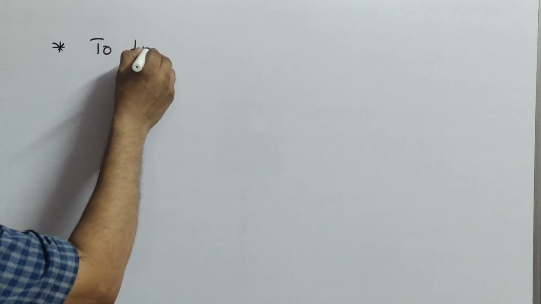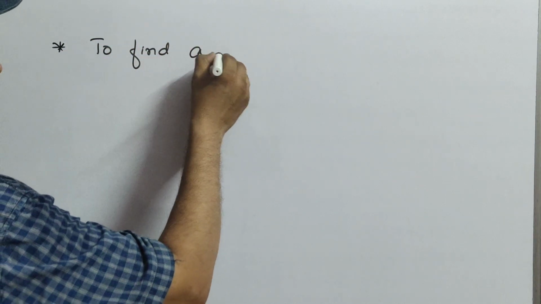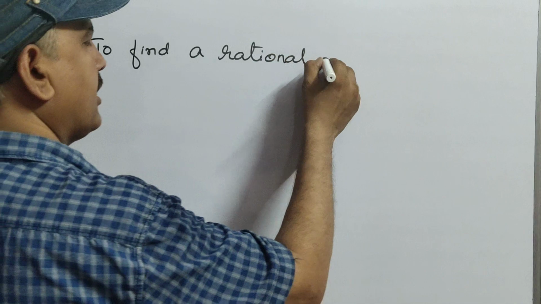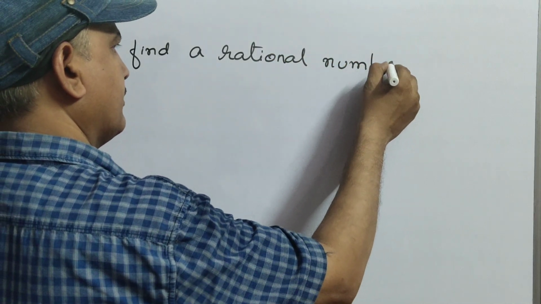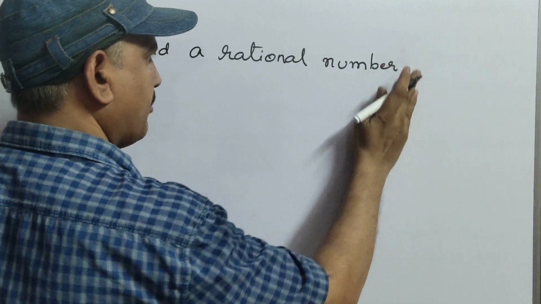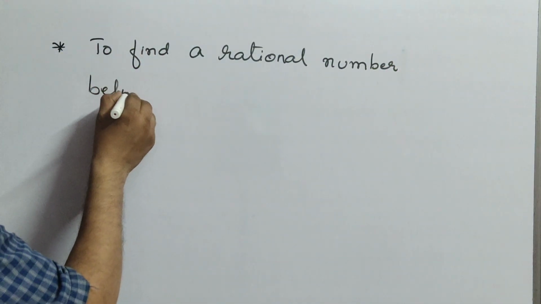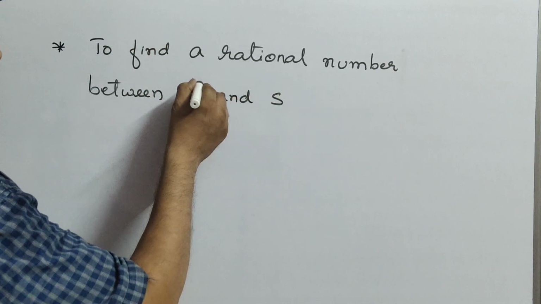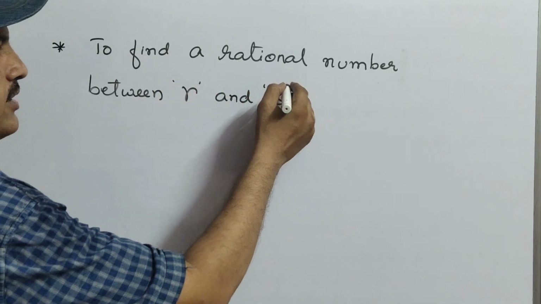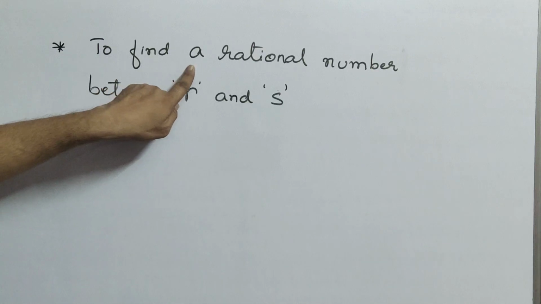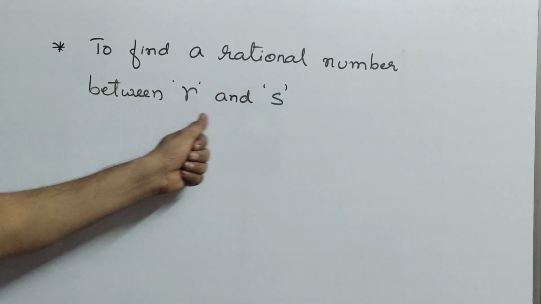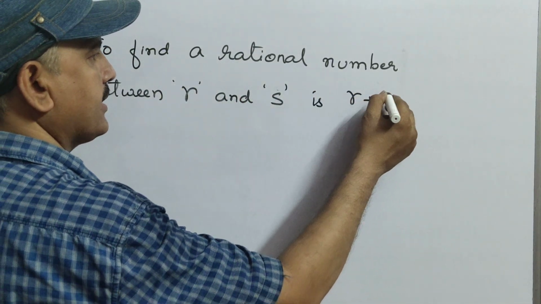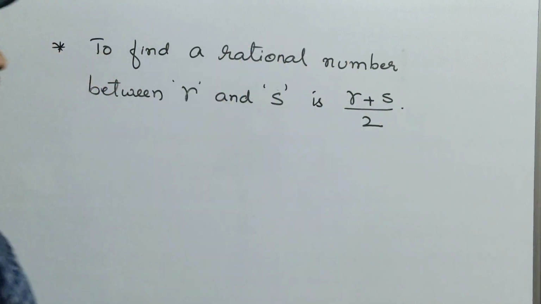To find a rational number between R and S, where R and S are any rational numbers, the formula is (R plus S) by 2.